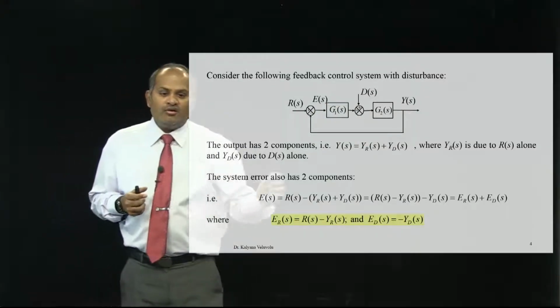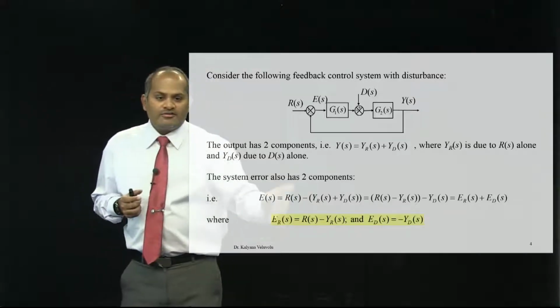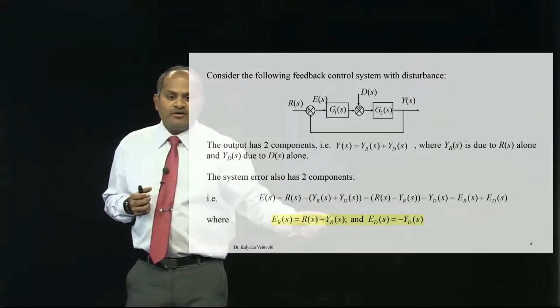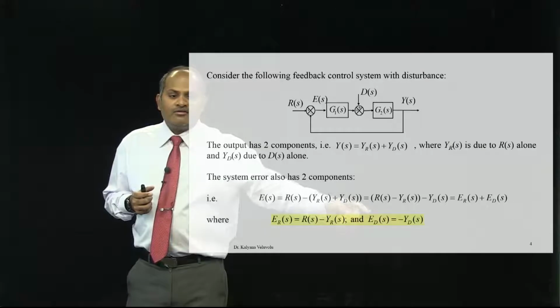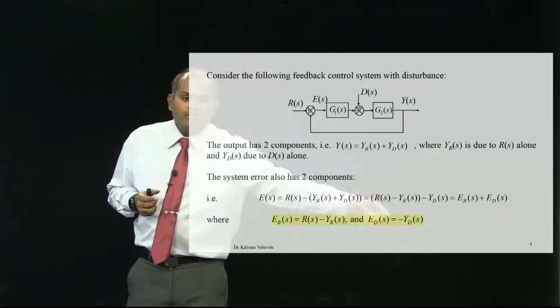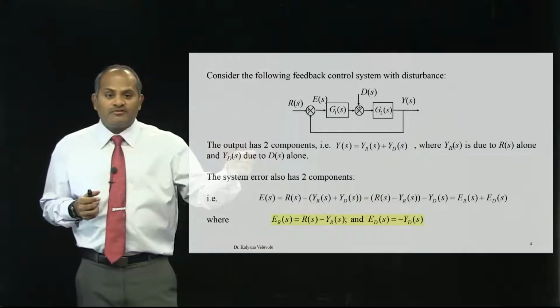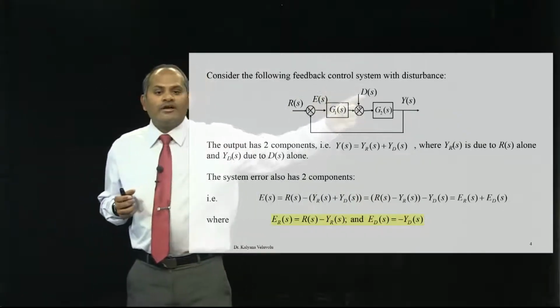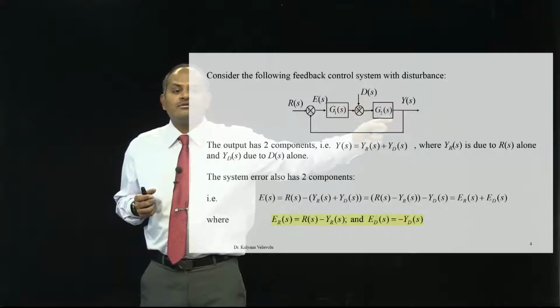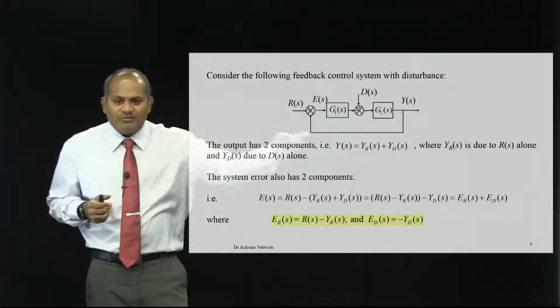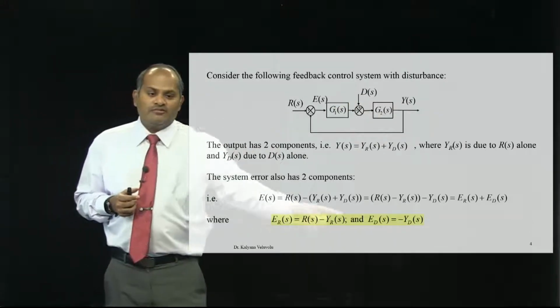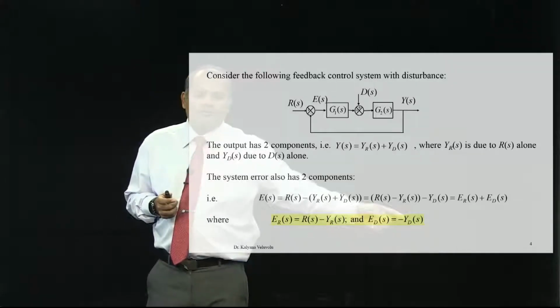The error component because of the input is R of S minus YR, but the error component because of the disturbance is the entire output we receive because of the disturbance, which comes into the error dynamics. So, you have ED is equal to minus YD of S.